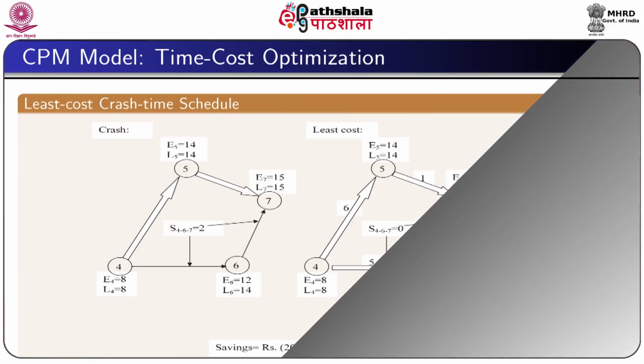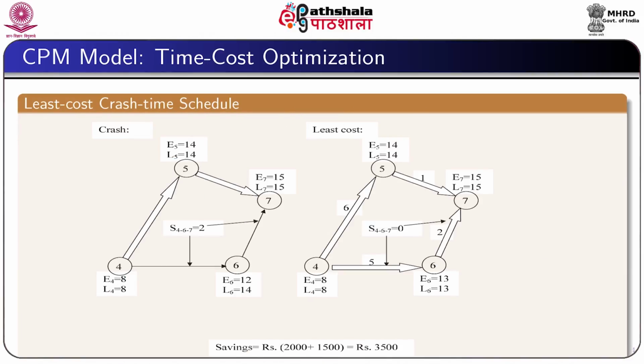2,500 rupees. Now, we consider the other non-critical path 4, 6, 7 in which the slack is 2 units of time.